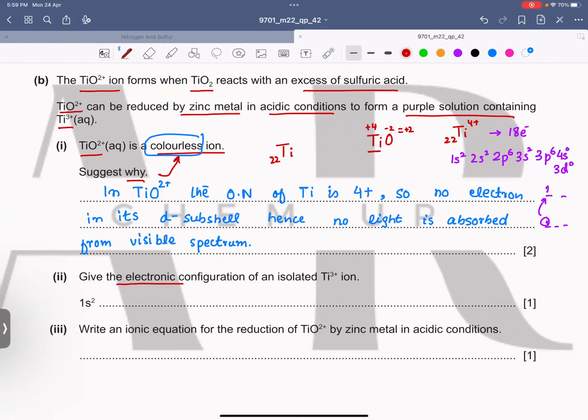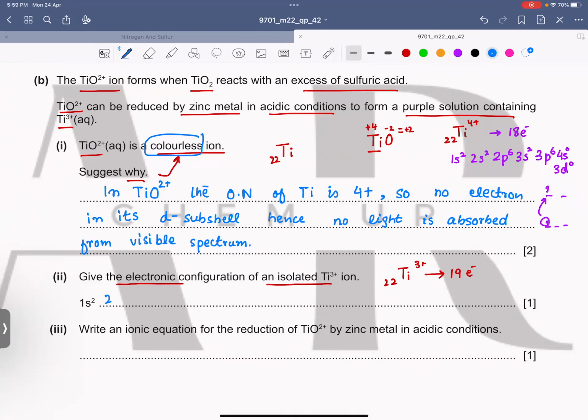Give the electronic configuration of an isolated titanium 3 positive ion. So if it's a titanium 3 positive ion, how many electrons may it have? The total electrons in a titanium atom are 22, so it has 19 electrons.